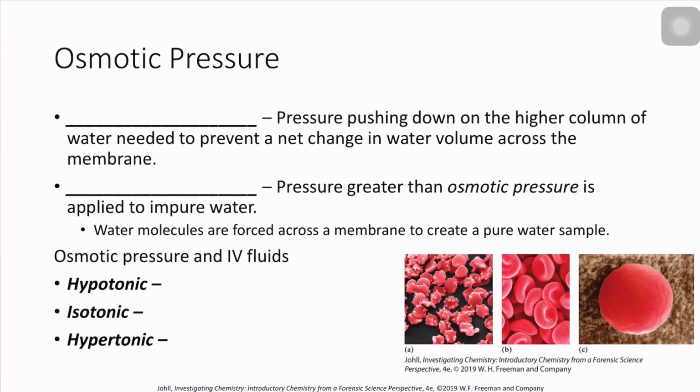To stop this process from happening, you need a pressure, and that pressure is the osmotic pressure. So the osmotic pressure is just the amount of pressure required to stop the water from moving through that semi-permeable membrane.